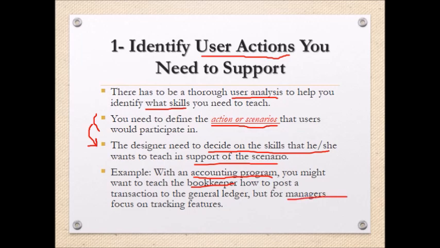So for example, for the bookkeeper, the most appropriate or the most essential task that they want to learn اللي هو how to post this transaction. بينما if we go to the manager, the most essential task or activity they need or they want to learn is how to track employees progress, how to track or to deal with all the tracking features.